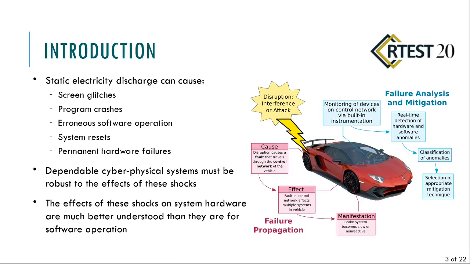So this is not ideal, and we'd like to be able to prevent this by monitoring these devices via built-in instrumentation. So we take each device, we instrument it, and we monitor how it behaves. And we find anomalies in this system operation, and we can classify these anomalies and then be able to pick out a mitigation strategy for them. Perhaps we can entirely recover from the fault, or at the very least, we'd like to avoid catastrophic failure.